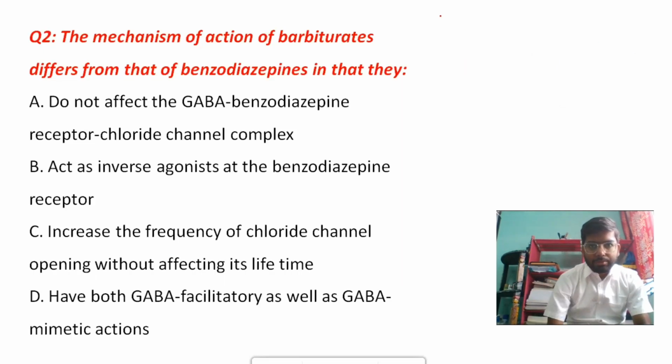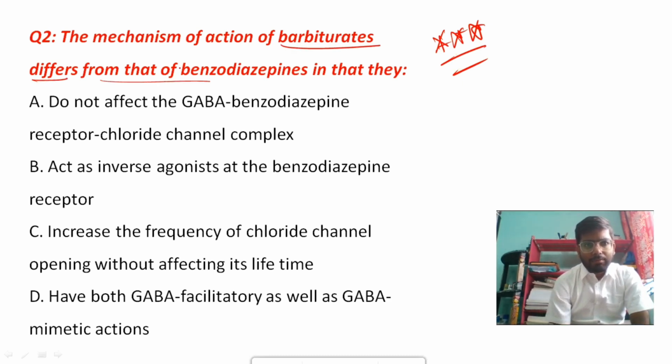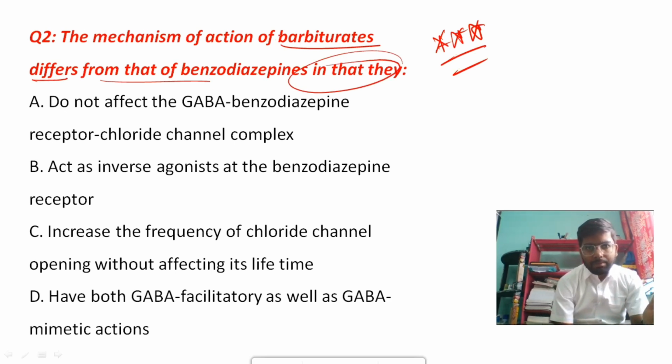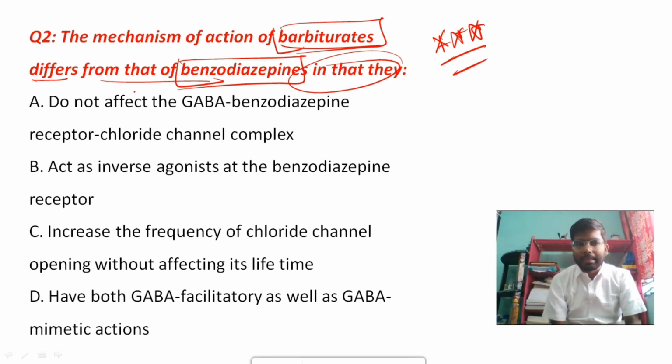Then coming to the next question, this is a very important and very conceptual question. The mechanism of action of barbiturates differs from that of benzodiazepines in that, meaning the difference between barbiturates and benzodiazepines in terms of mechanism of action.